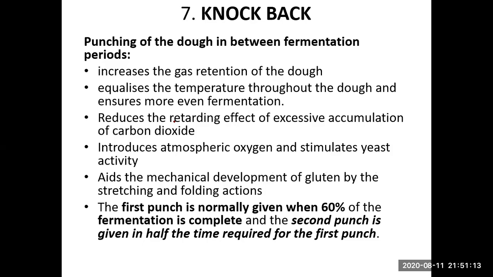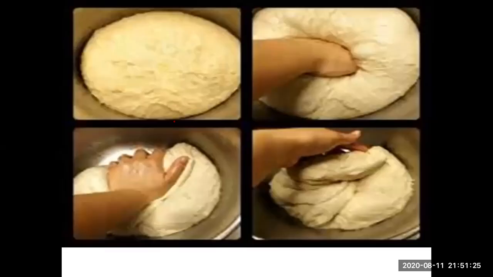Then knockback. This process I already discussed in your last class, but I mention it again. Knockback is very much important. Why? Because if you don't knock back your dough, your dough will be very porous, or it will not be appropriately aerated. Why?